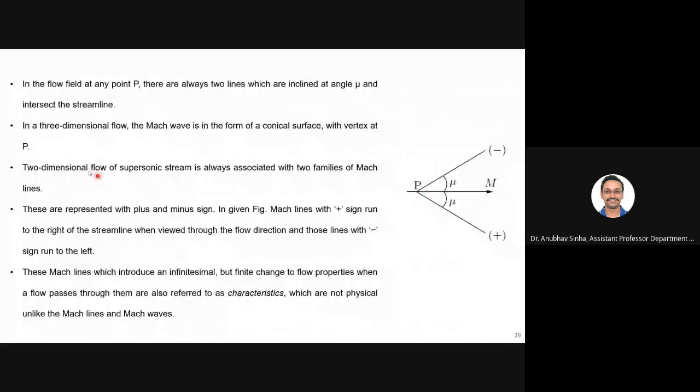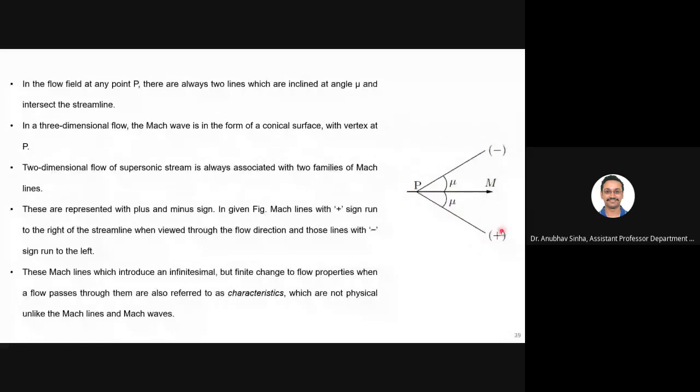Now this is for 3D. In 3D it will have a conical surface, but if you are looking at 2D, it will have two lines. If you cut a 3D body by a plane, it will have two lines, which are denoted by positive and negative directions.